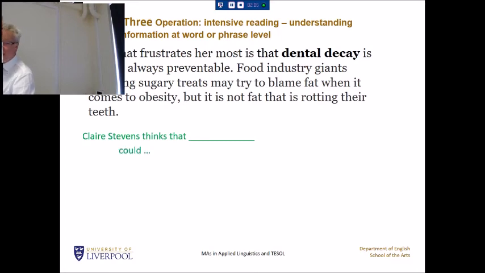I put stopped there, slightly simpler than avoided, okay? But could be avoided, could be stopped, what? If the what's her argument?